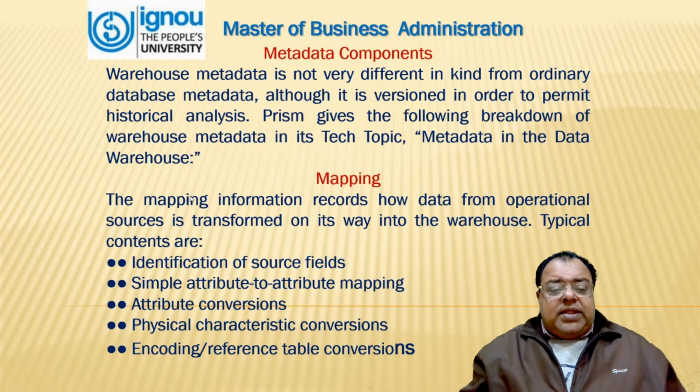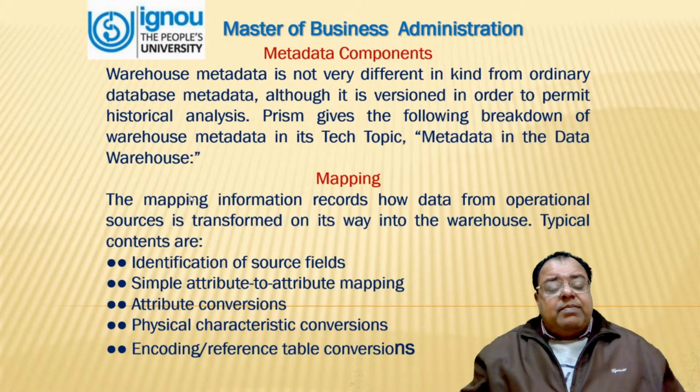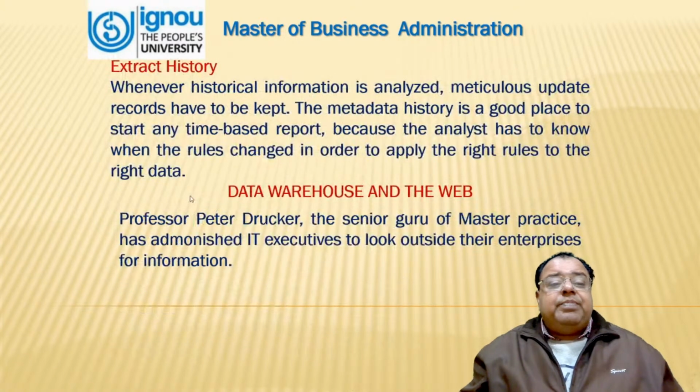Mapping. The mapping information records how data from the operational source is transformed on its way into the warehouse. Typical components are identification of source fields, simple attribute to attribute mapping, attribute conversion, physical characteristics conversion, and encoding reference table conversion.